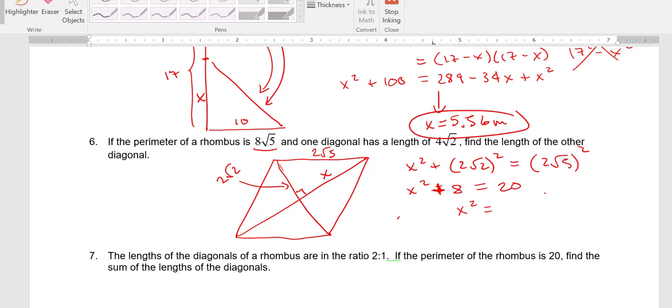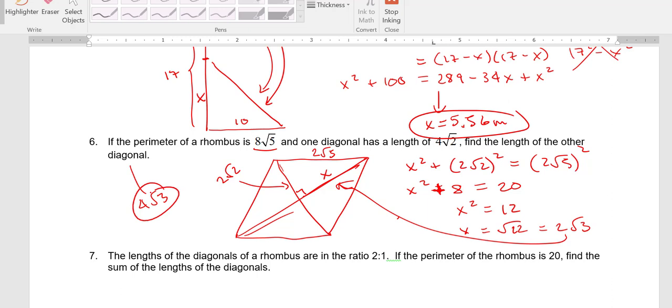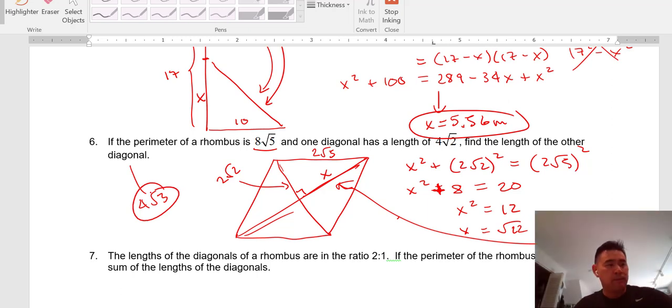X squared is equal to 12, or x is equal to the square root of 12, which is the same thing as 2√3. And so x is 2√3, which means that the entire length of the diagonal is going to be both x plus x, 2x. So the length of the other diagonal must be 4√3. Okay, that's it. Go ahead and try some of the Pythagorean theorem problems.